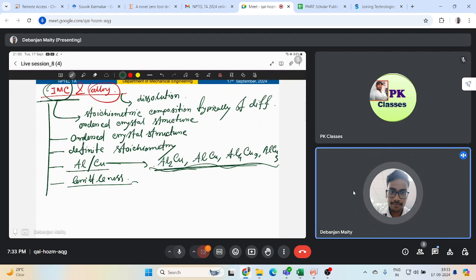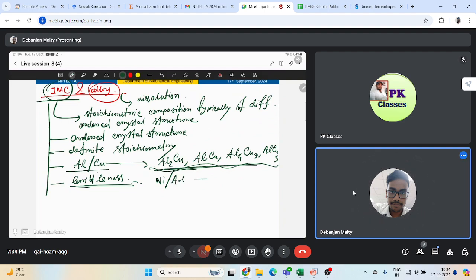Why is there brittleness? Because of the ordered crystalline structure, which restricts the movement of dislocations that typically allow deformation in metals, right? Then you can have thermal resistance and low electrical conductance. These I was describing for aluminum copper.